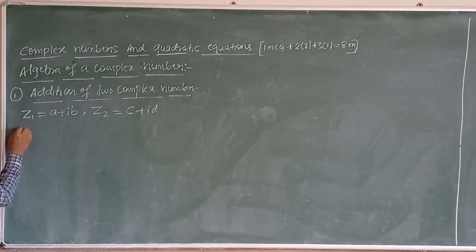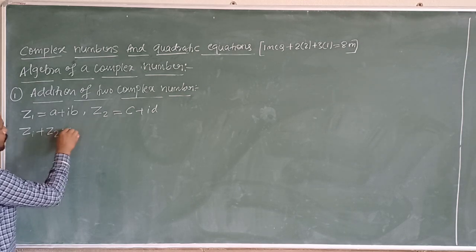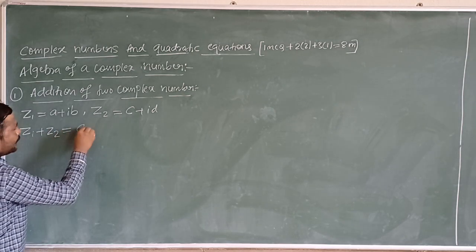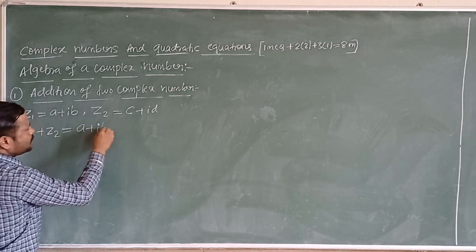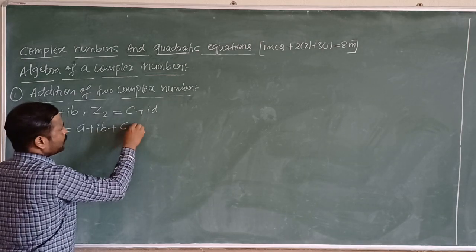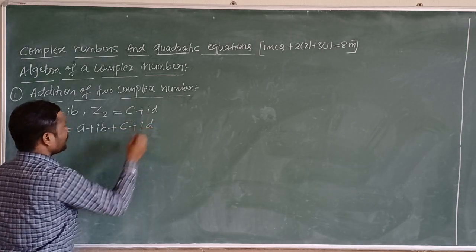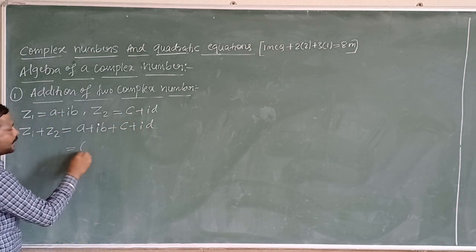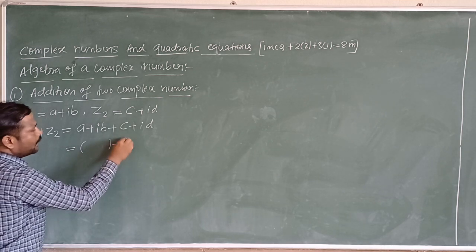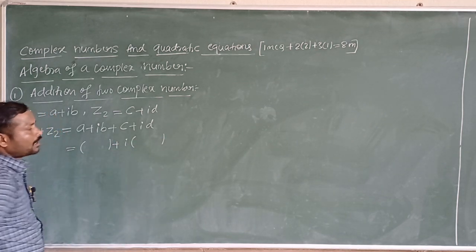Now it becomes z1 plus z2, which equals a plus ib, the first complex number, plus the second complex number c plus id. Then take the real parts one side and the imaginary parts another side.